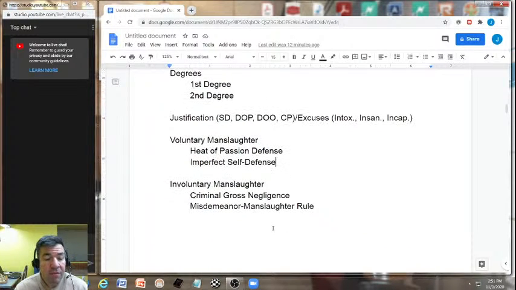Now, if that doesn't provide a mitigation of the homicide to manslaughter, we're going to be looking at involuntary manslaughter. Involuntary manslaughter can be proven in two ways: criminal gross negligence and the misdemeanor manslaughter rule.